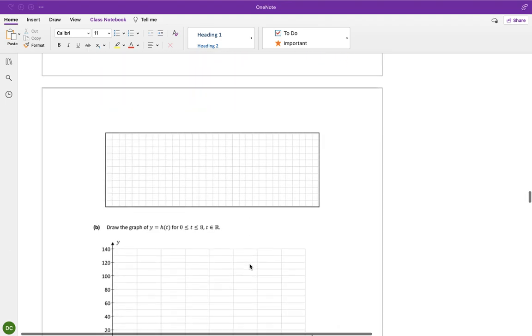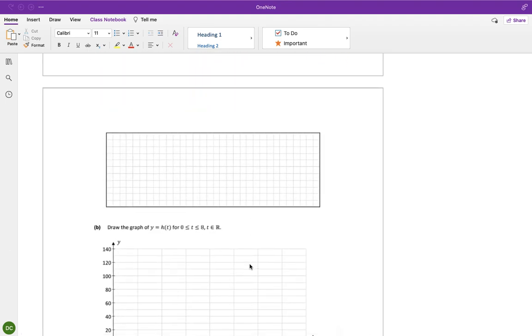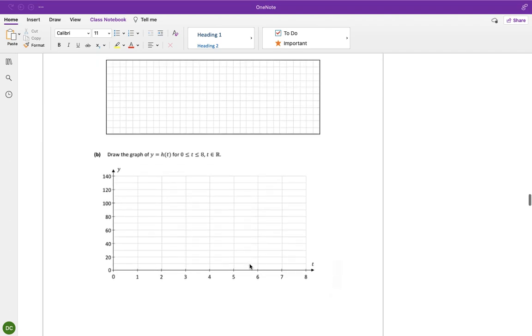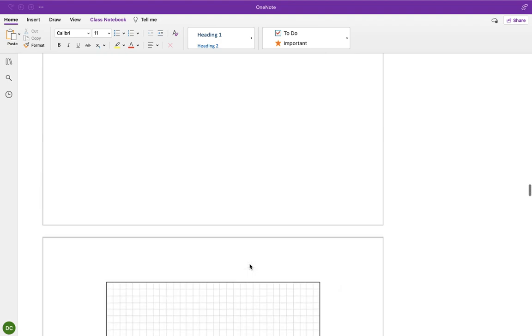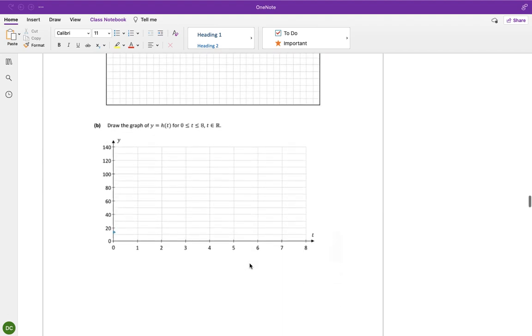Okay, draw the graph. So 0 is 12. That's 10, so there-ish. 1 is 42.